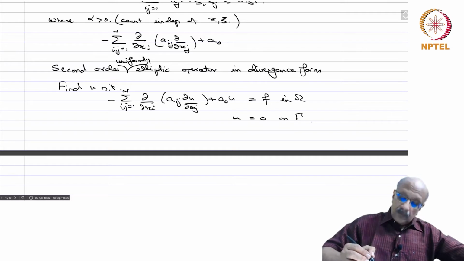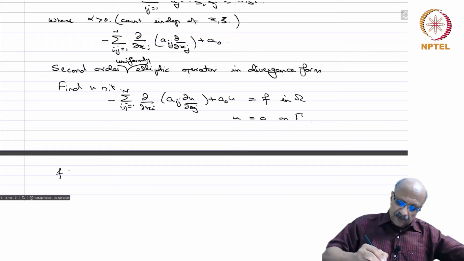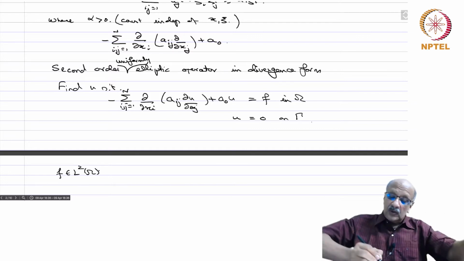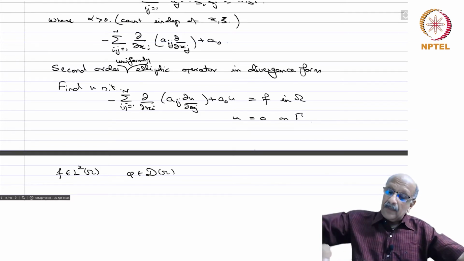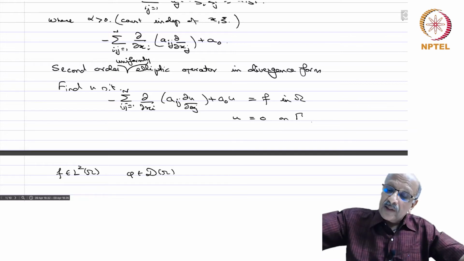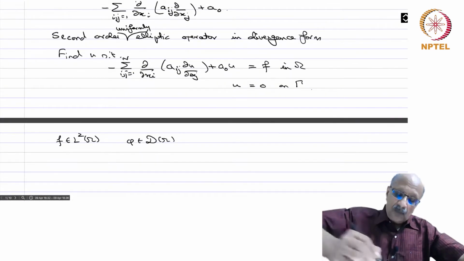So we assume now that f is given in L2 of Omega, and then again, if I multiply by phi, so let phi be in D of Omega, multiply and integrate by parts, and therefore this is where the divergence form will come into play.